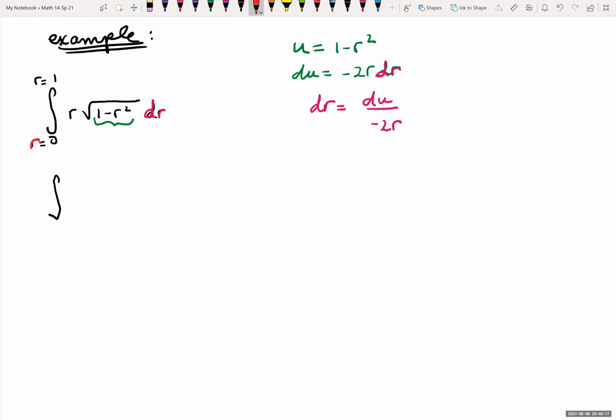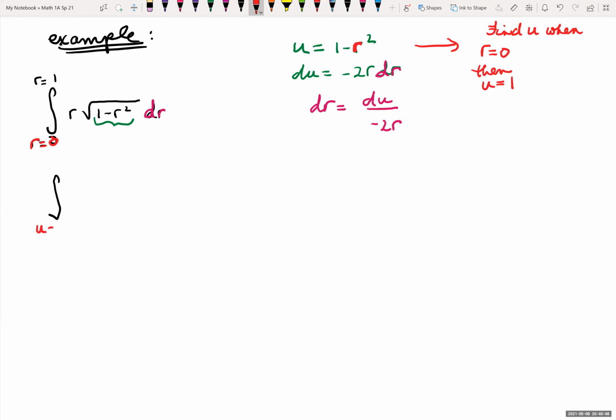We have a value when r equals 0. So let's find u when r equals 0 and when r equals 1. So if I go back in here and I plug in 0 for my r, I would get that u would equal 1.